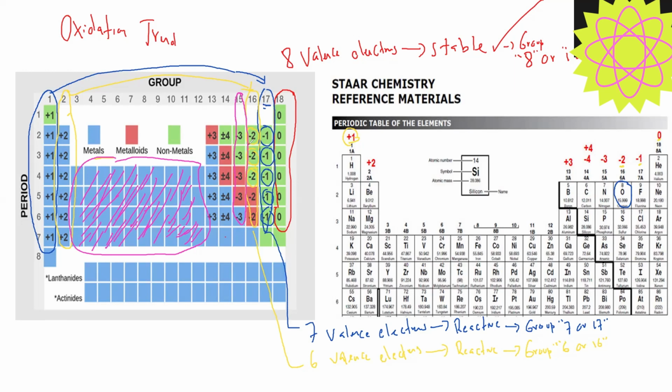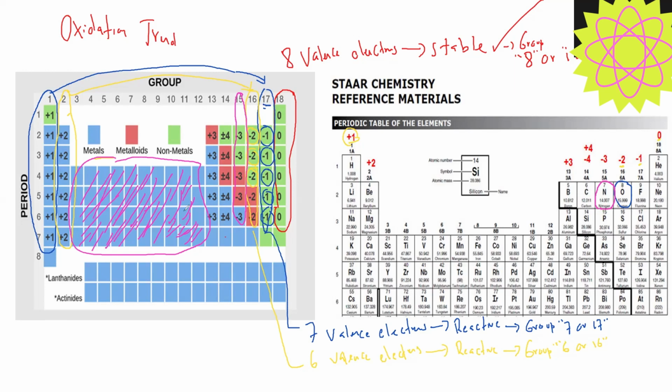Can you give me an example of an element that has -3 as oxidation number? So, nitrogen. What is the oxidation number for nitrogen? Full phrase: nitrogen has an oxidation number of -3.